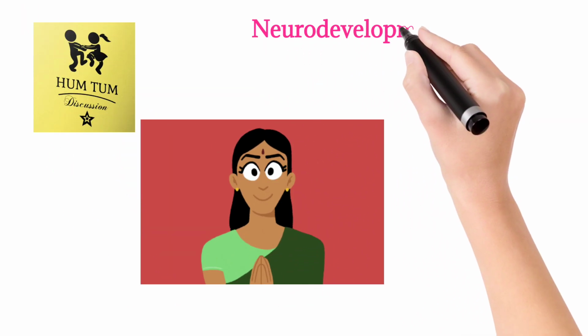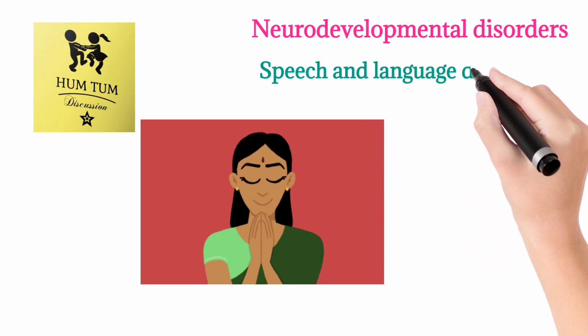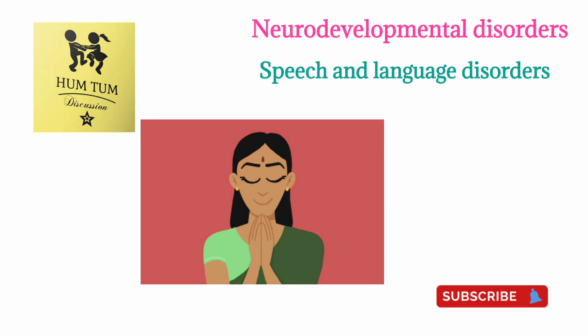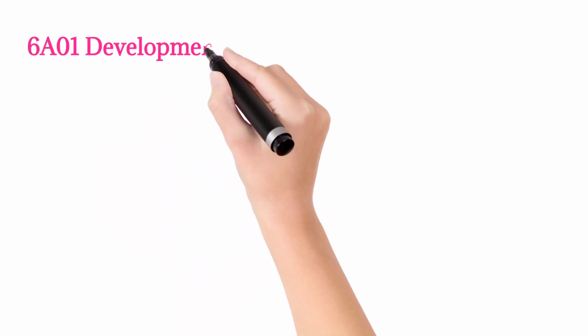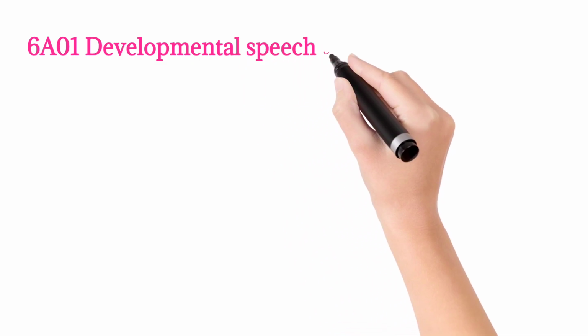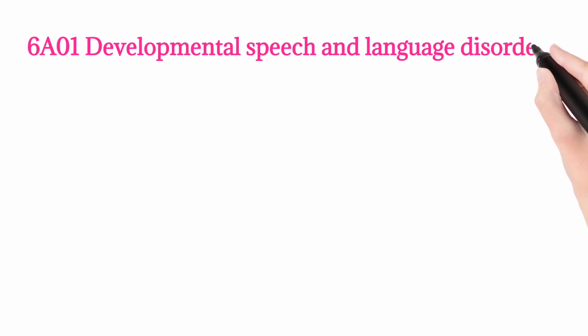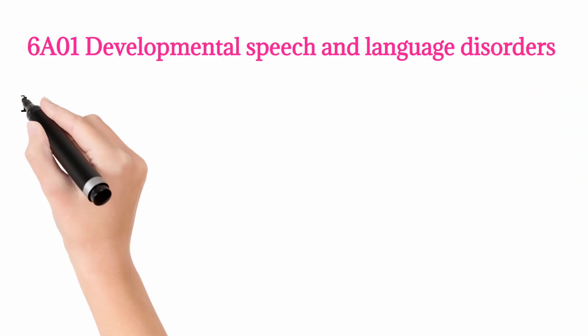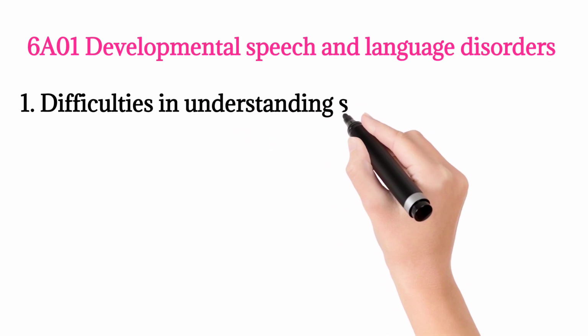Today we will see the second type of neurodevelopmental disorders, that is speech and language disorders. Our topic of discussion is developmental speech and language disorders, coded as 6A01 by the ICD-11, and it involves three important characteristics. First is difficulties in understanding speech and language.